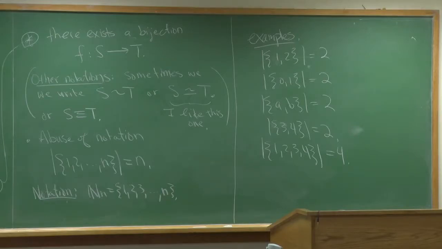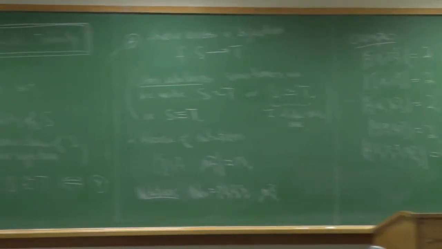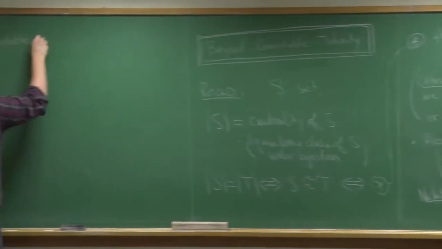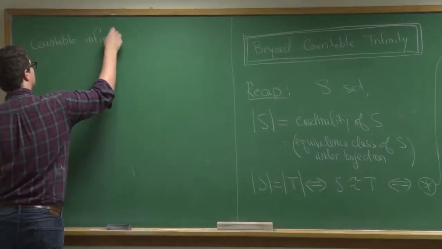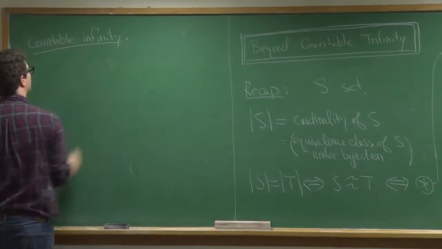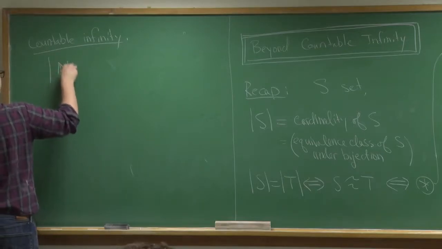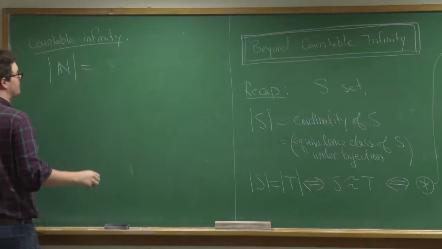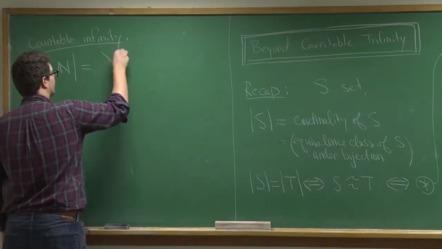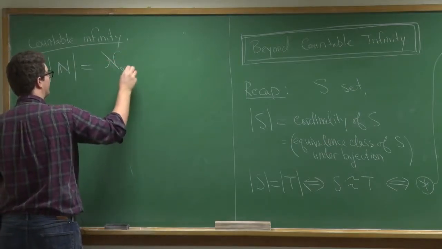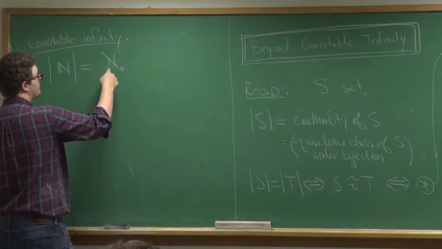And then we had the countable infinity. This was the cardinality of the natural numbers, and we gave this a name: aleph naught. There's a couple ways to write this.